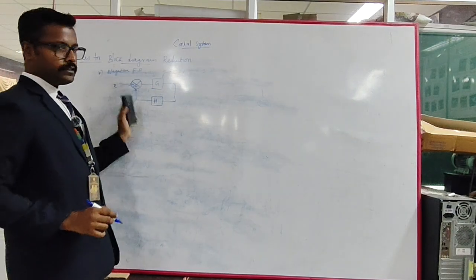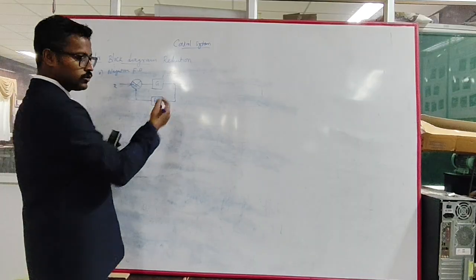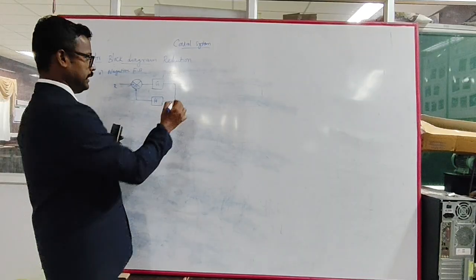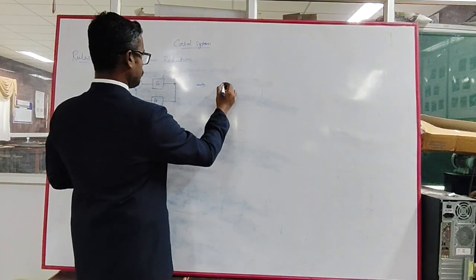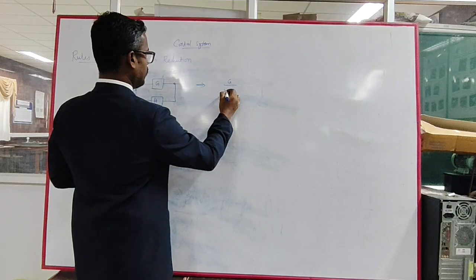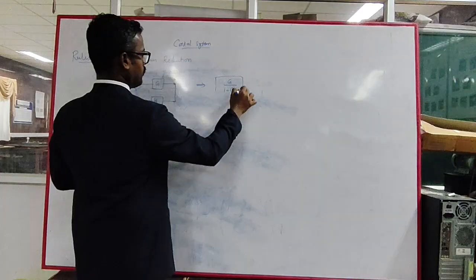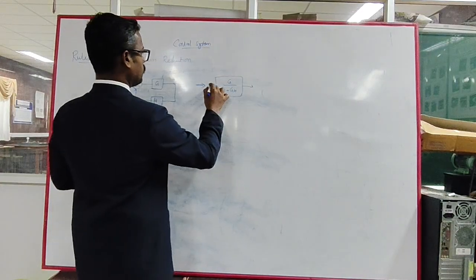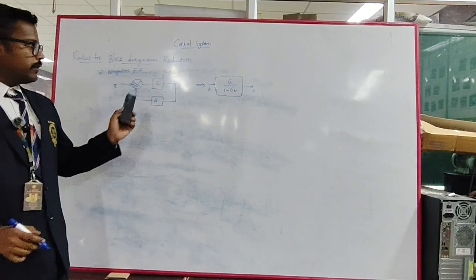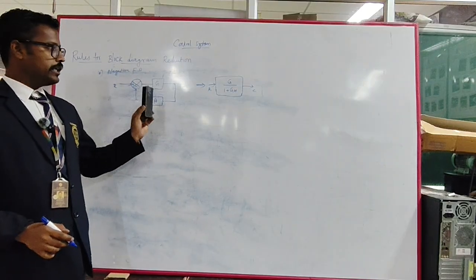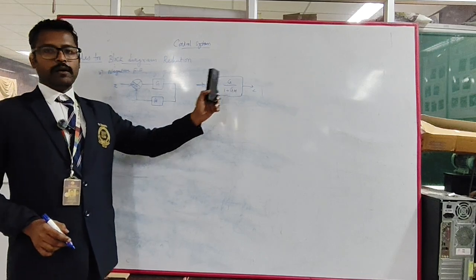So when the negative feedback is present, what is the final reduced block diagram? The output is C. The final reduced diagram is G divided by 1 plus GH, with this as the input R and this as the output C. So G divided by 1 plus G into H, that is the forward path gain divided by 1 plus the forward gain into the feedback gain.